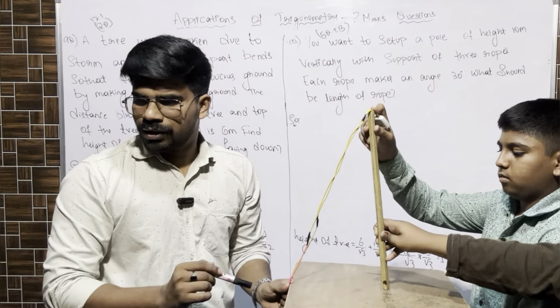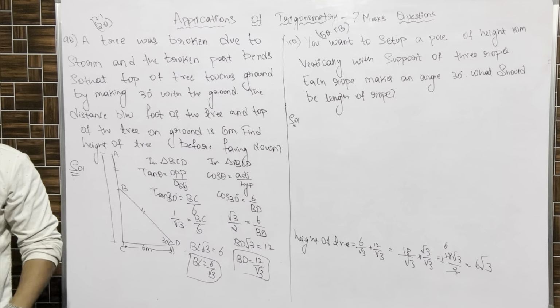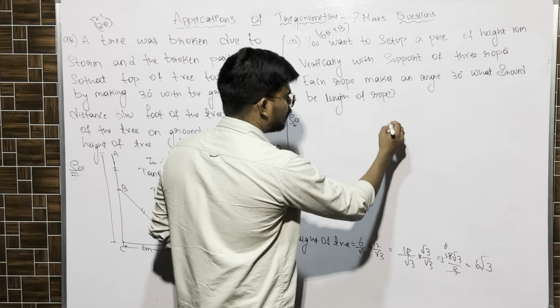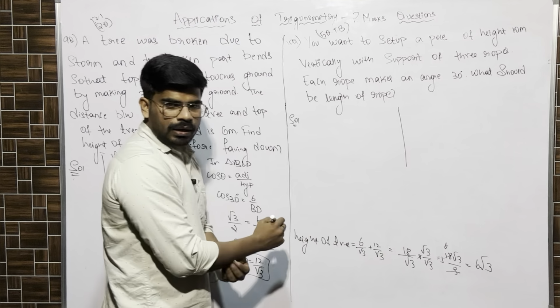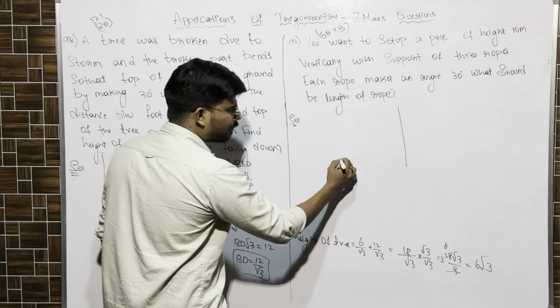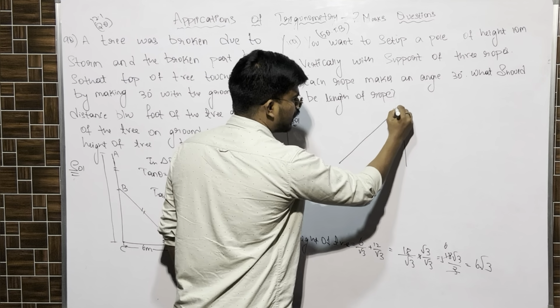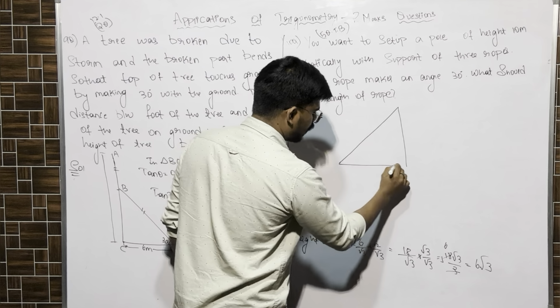Now we'll draw a diagram for one triangle. This is the vertical tower, and we are tying a rope at an angle of 30 degrees.